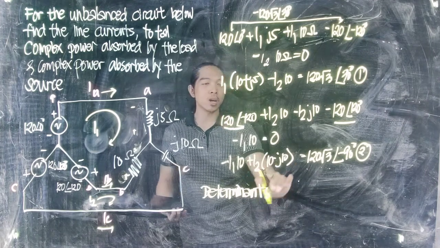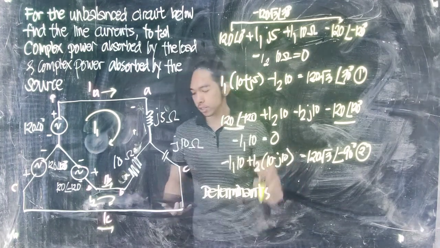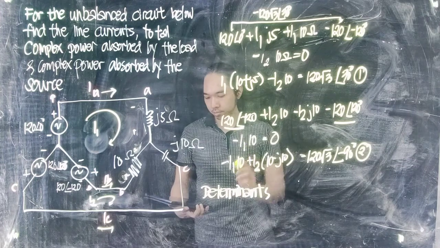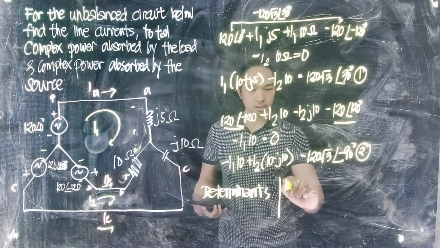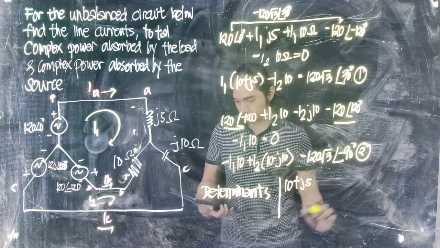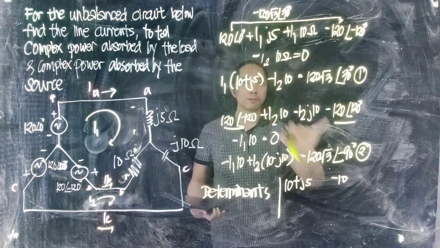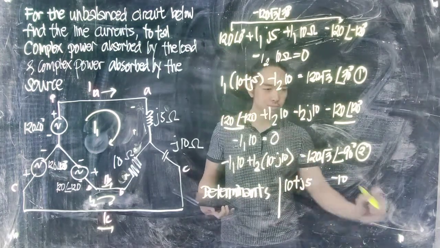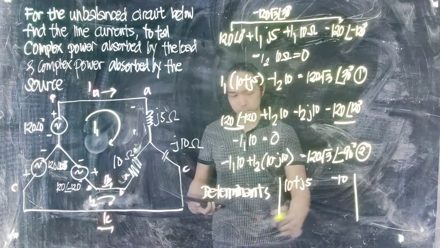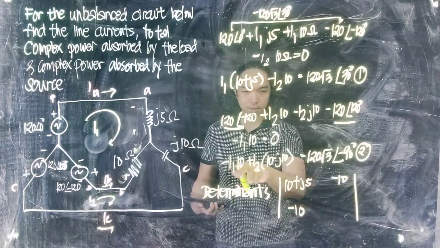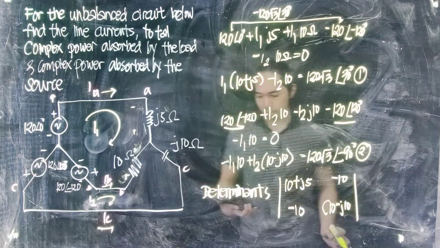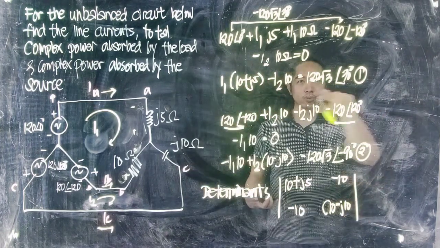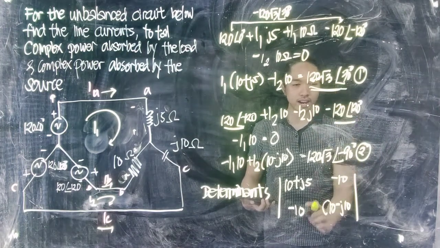Because we have complex numbers. So we have a matrix: 10 plus j5 and negative 10 for the first equation, and negative 10 and 10 minus j10 for the second. The constant terms go on the other side.